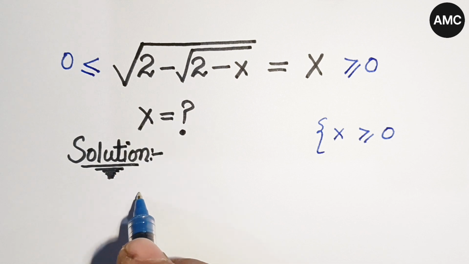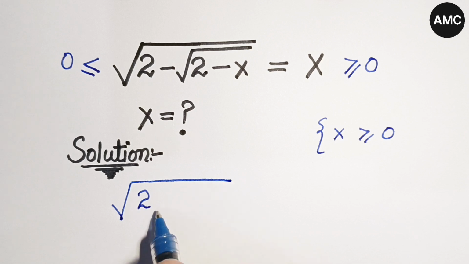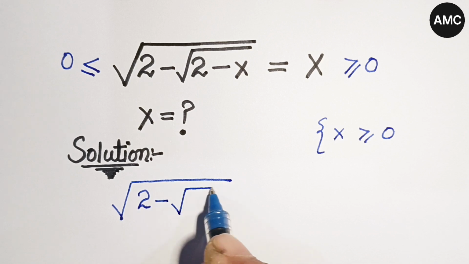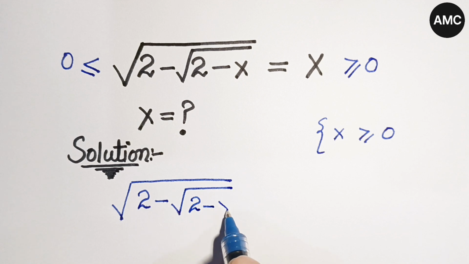That is the square root of 2 minus the square root of 2 minus x is equal to x.